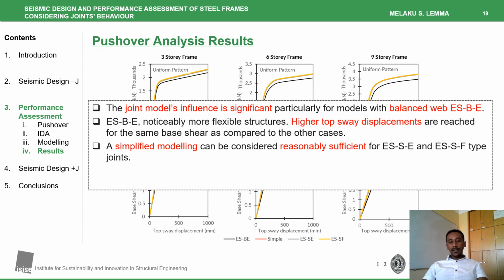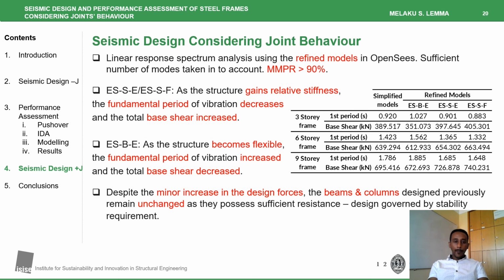And it can also be said that the simplified modeling technique was okay for the strong web panel type of joint. The seismic design was repeated, and it shows here again that with the strong web panel there was a slight increase in the fundamental period as the frame gains stiffness, and the design base shear increased a bit, while the reverse was true for those with balanced web panels.